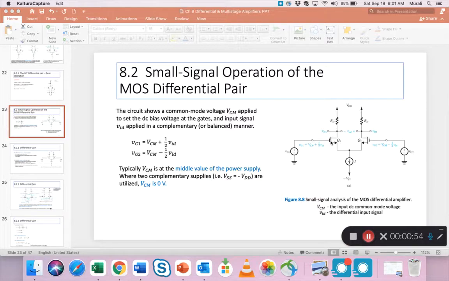We studied that in the last recording, and similarly we also looked at the BJT equivalent of the MOS differential pair. That was section 8.3.